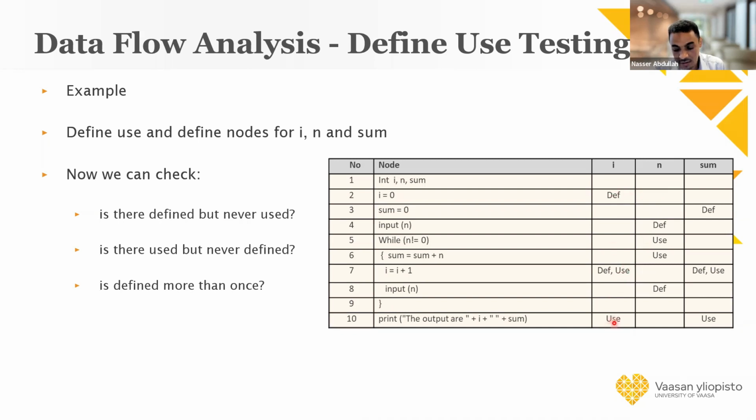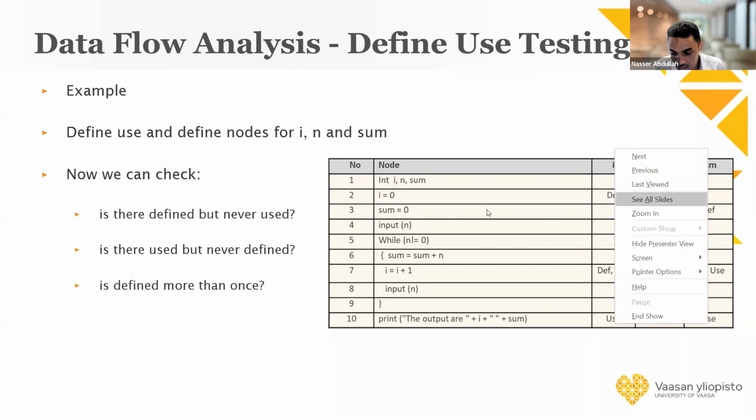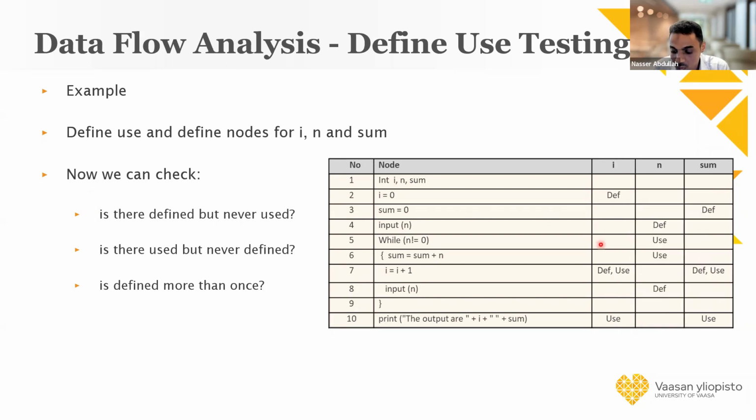What it means is you define a variable but you don't use it. So what you have to do to improve it? Maybe there is a defect, maybe you forgot to use it, or maybe these are unnecessary variables and you have to delete them. So this is how we can use these methods. Just as we said, there are things like these three statements.